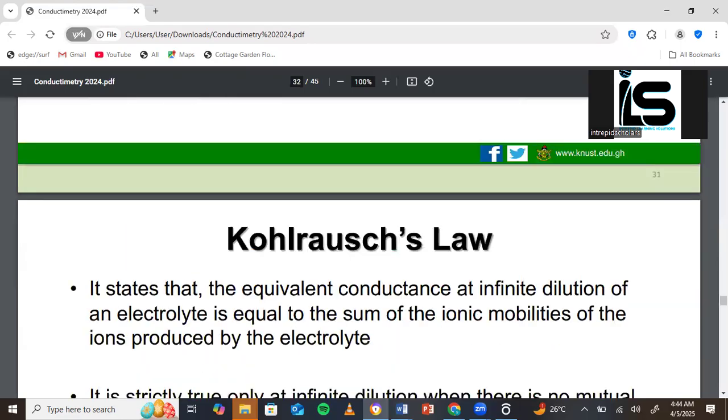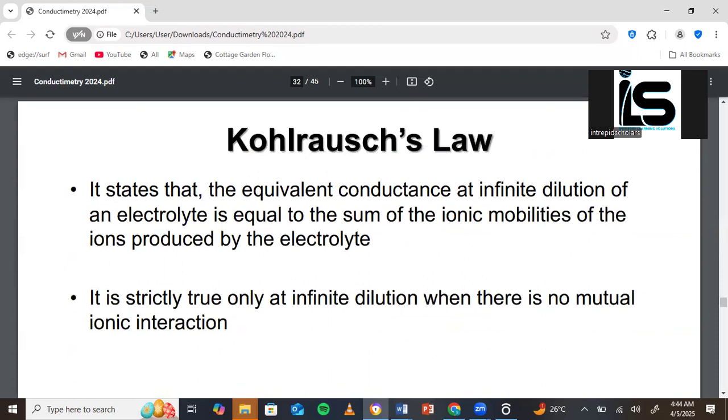Now, you have to be able to state Kohlrausch's law. Very important. It states that the equivalent conductance at infinite dilution of an electrolyte is equal to the sum of the ionic mobilities of the ions produced by the electrolyte.